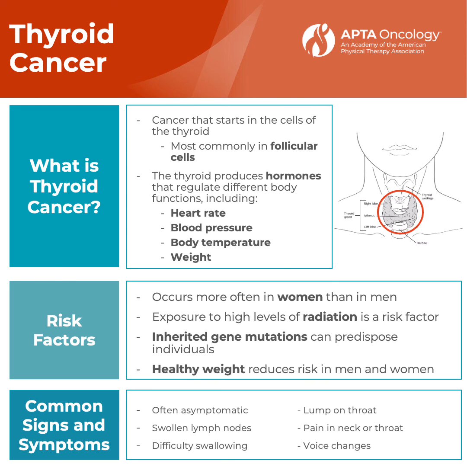It is also involved in development when you are younger. As you can see in the picture, the red circle shows where your thyroid is located. Thyroid cancer is cancer that starts in the cells of the thyroid, most commonly follicular cells.